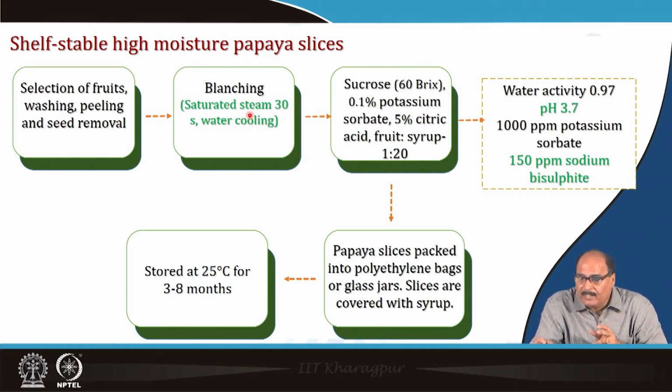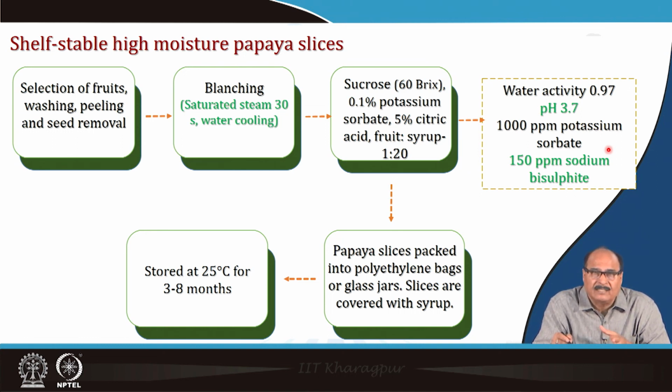Water activity is 0.97, pH is 3.7, and 1000 ppm potassium sorbate and 150 ppm sodium bisulfite. And then, like in the earlier case, the slices are packed into polythene bags or glass jars, and they are covered with syrup in this jar. Care is taken, and it is stored at 25 degrees Celsius for 3 to 8 months.